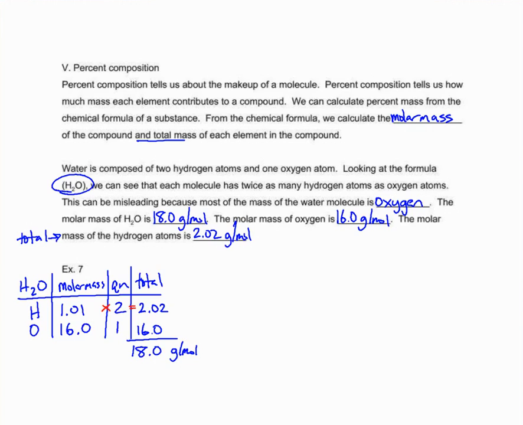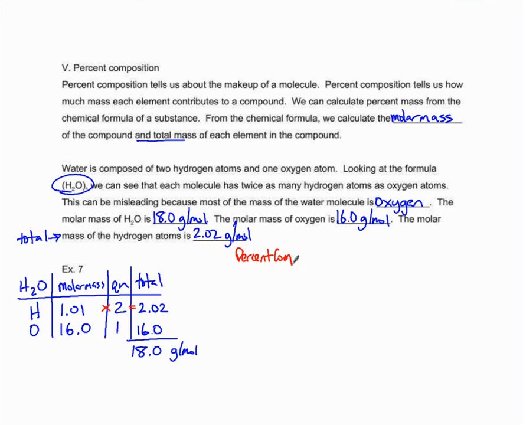So percent composition helps us to look at this a little bit differently. And there's a formula, and I say formula, but it's really just what numbers to use to find a percentage. So let's go ahead and write this down.